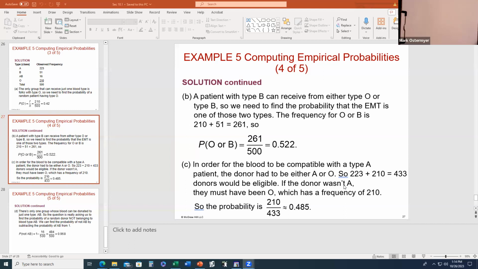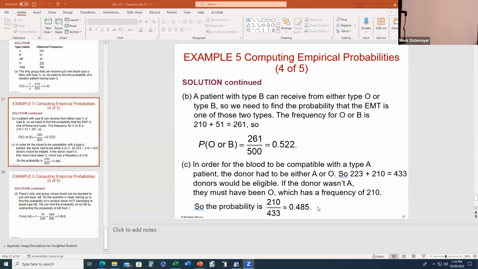Now, if the donor wasn't A, then they must be O, which is a frequency of 210 over 433. Let's see here. Type A blood, A or O. So 433. Donor wasn't A, they must have type O, which is a frequency of 210.